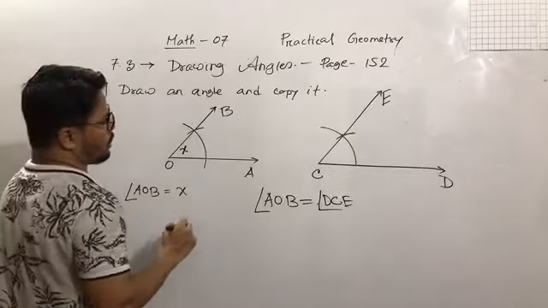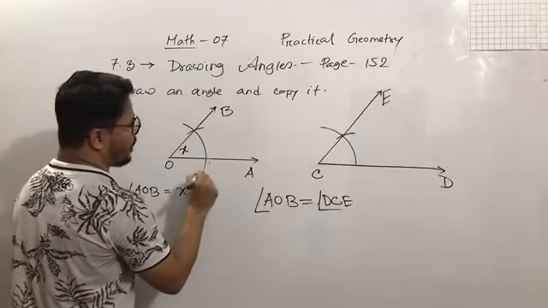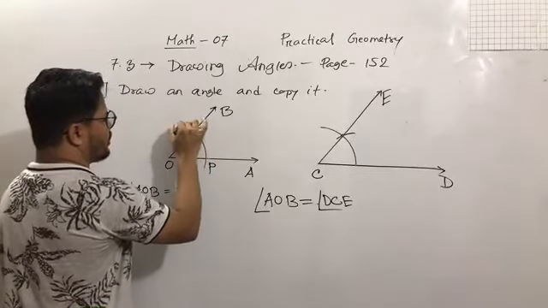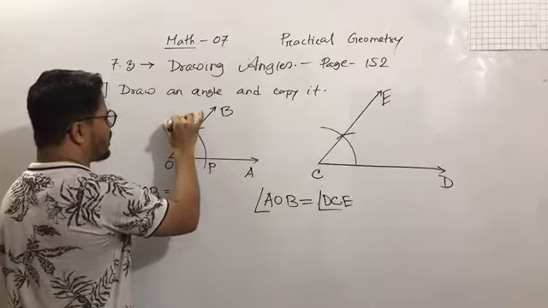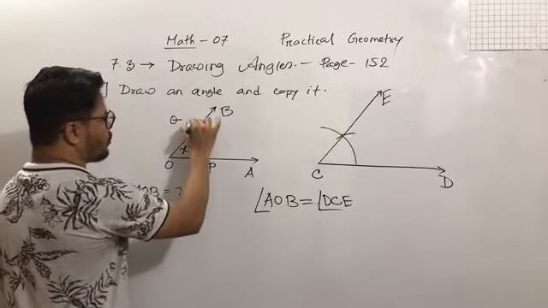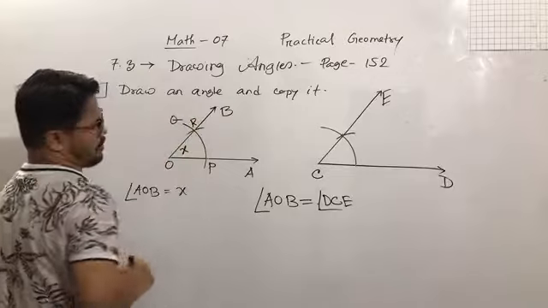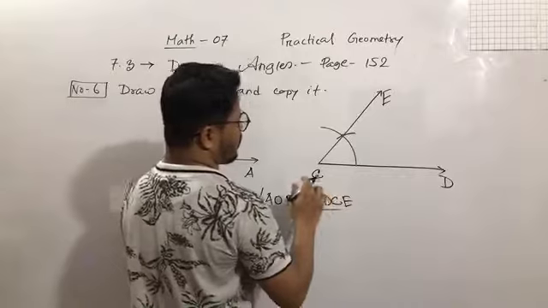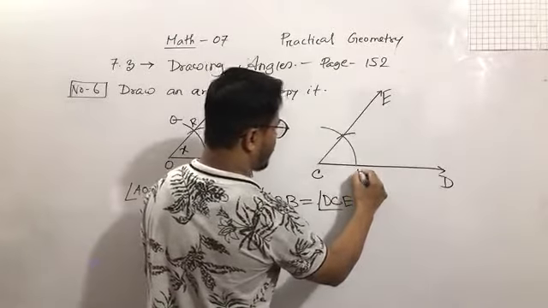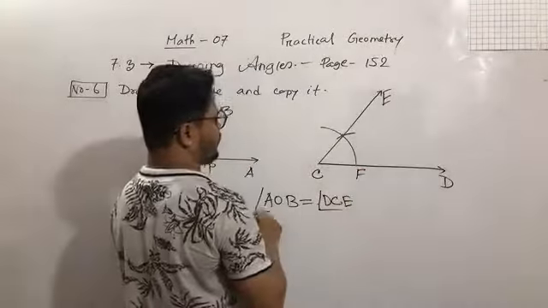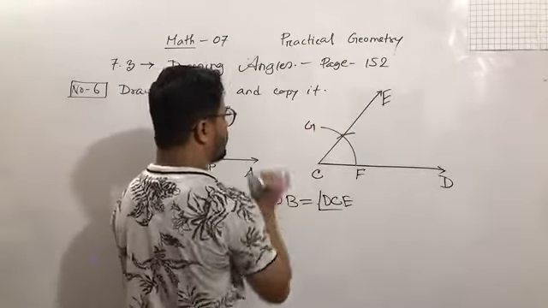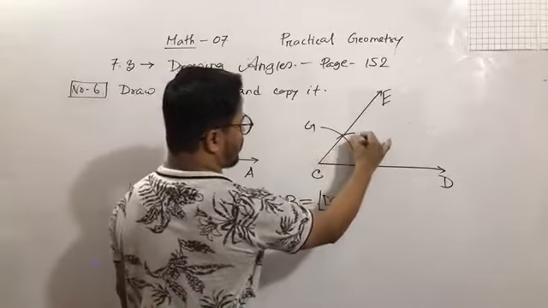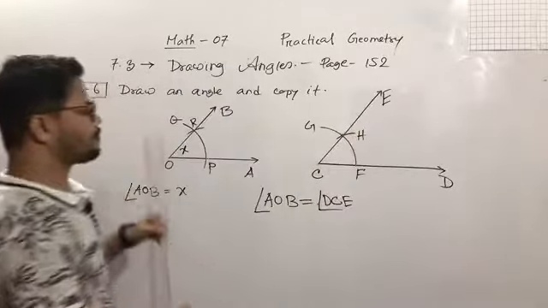So we can take here X like P, and PQ. You can consider here Q, PQ. This one is R. So AOB, and we can see D, and this one we can take F, then this one may be G, and PQR, G, this one we can call H. Okay.